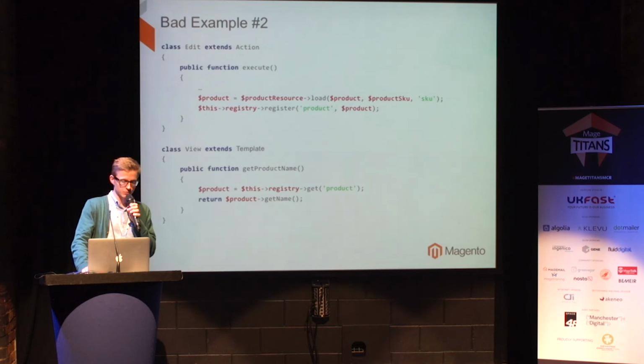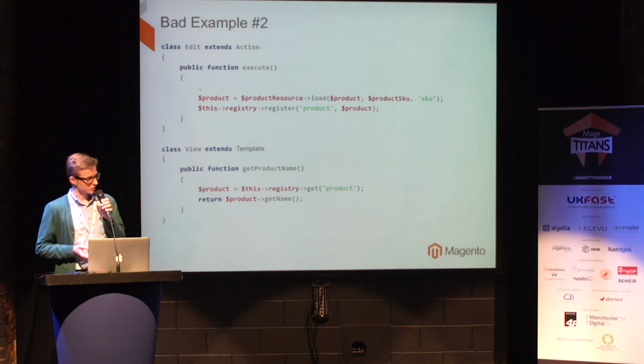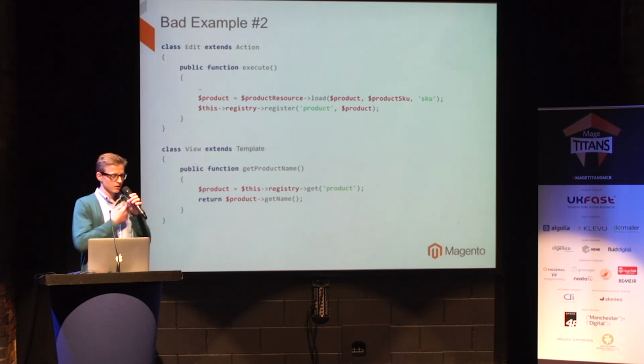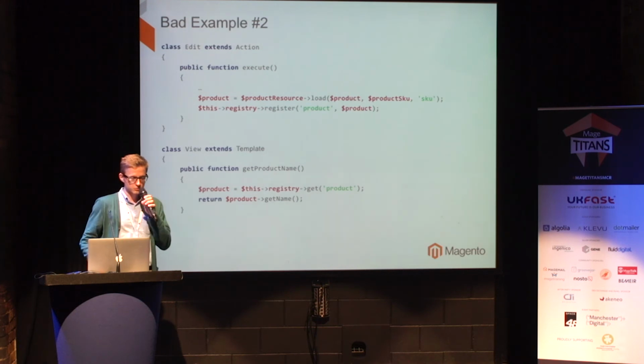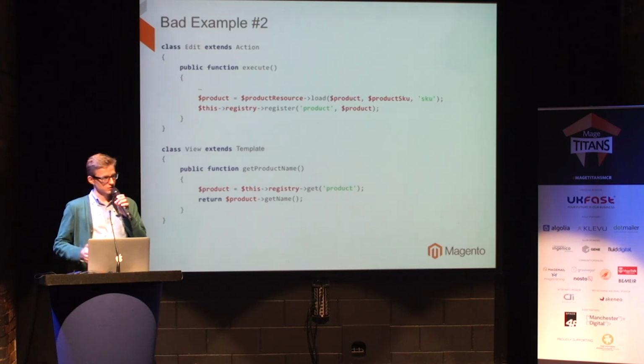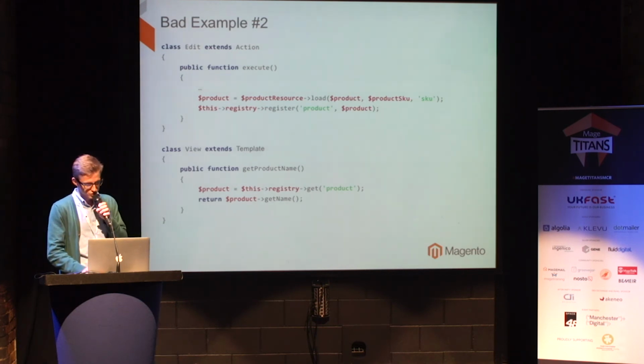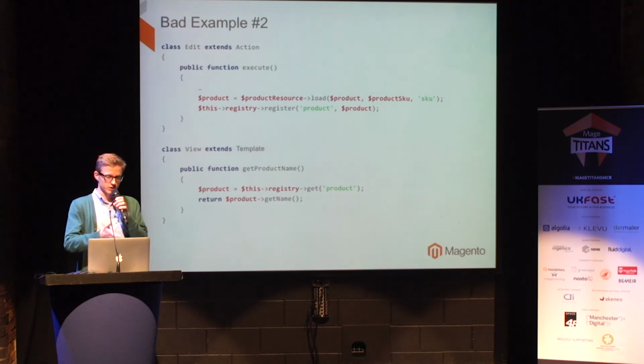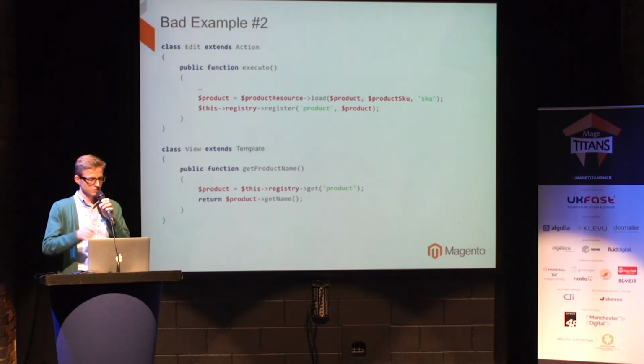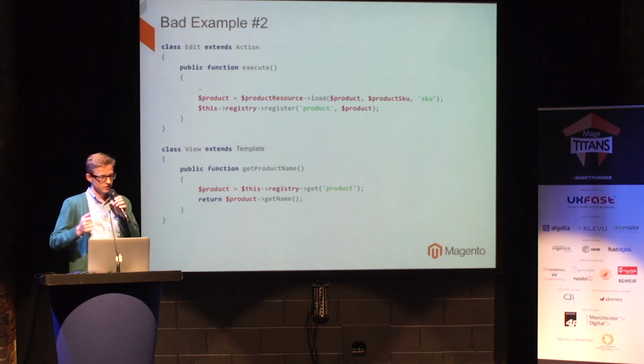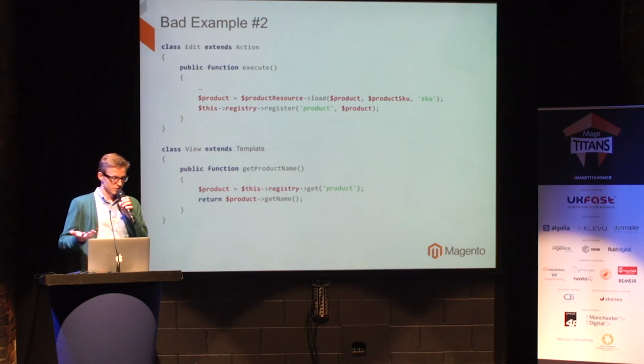Another example of temporal coupling is using registries. Developers who have experience with Magento 1 have probably seen these examples in Magento 1. In Magento 2 we're trying to use another approach. Let's take a look at this example. We're trying to load a product in the controller, then we put this product into the registry, and later in our block we get the product from the registry and return the name.